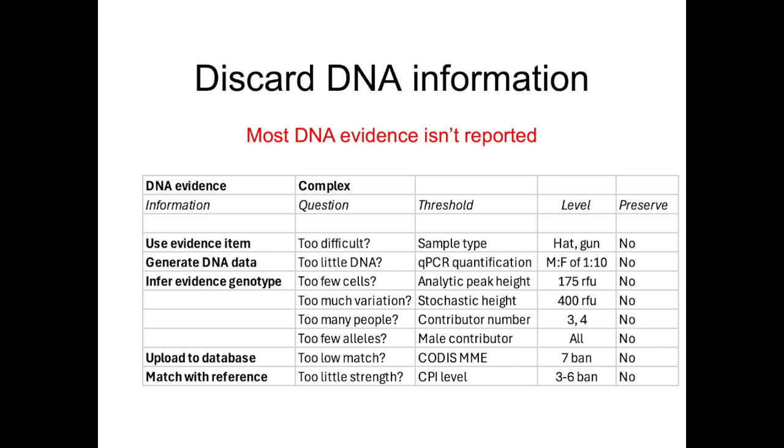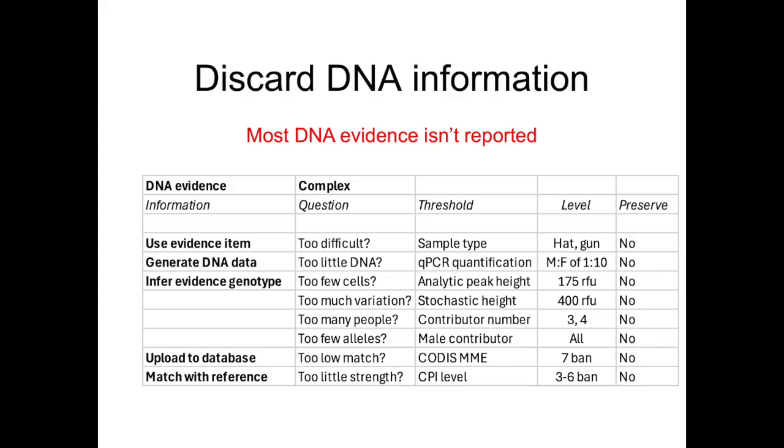Most evidence isn't reported because there are so many points at which people in the lab sort of know they're never going to be able to interpret it anyway, so why bother? And it's the lack of ability to interpret that's driving saying, oh, it's a hat. I'm looking at the column second from the right. It's a hat. It's going to have 5 contributors. Let's not look at it.